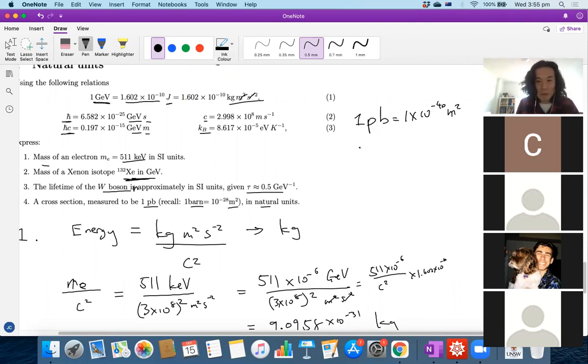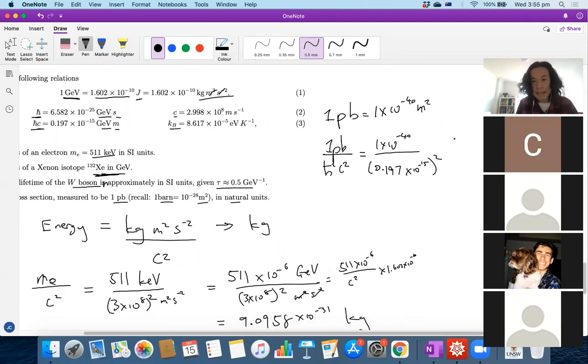Then I divide this by H bar squared C squared. Then I get 1 times 10 to the minus 40 divided by 0.197 times 10 to the minus 15 squared, with meter squared on top, and GeV squared meter squared at the bottom. These two cancel out, and I'm left with 2.58 times 10 to the minus 9 inverse GeV squared. And that's picobarn in natural units.